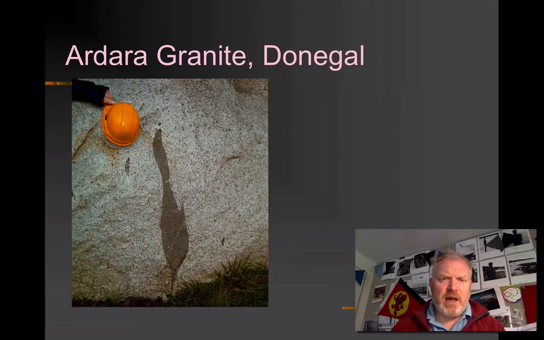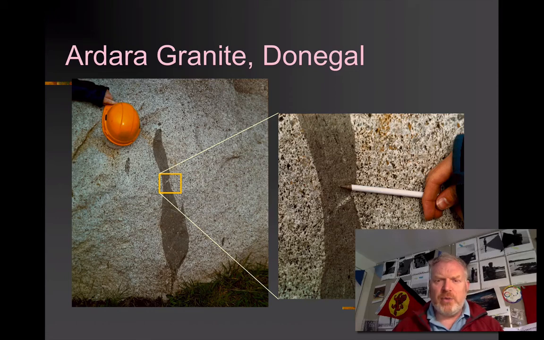You can see perhaps some of the effects of this in this quite spectacular xenolith found in the Ardrog granite in Donegal. If we look at that close up, we can see how the properties of this xenolith must have made it liquid, or certainly very, very plasticky.